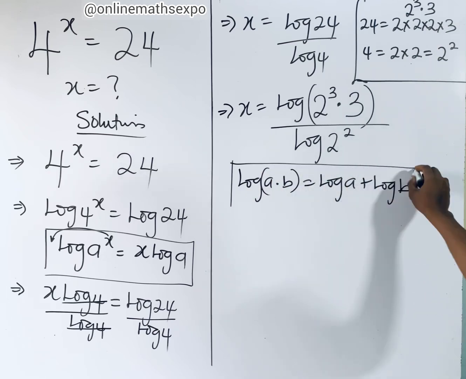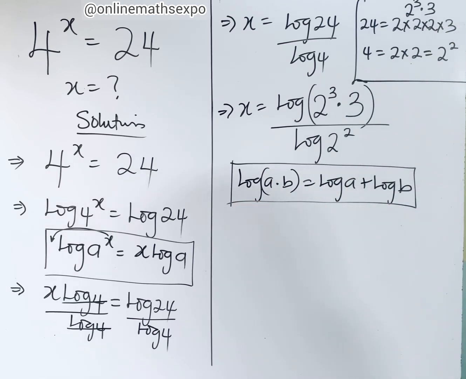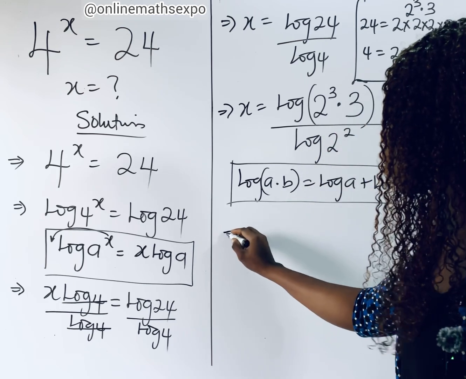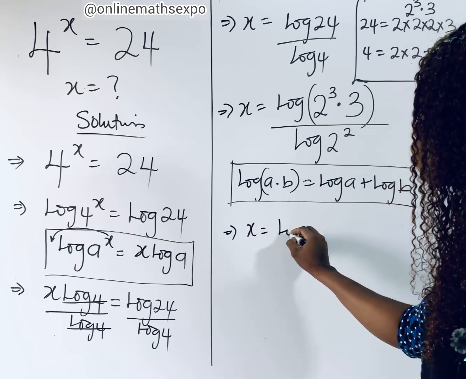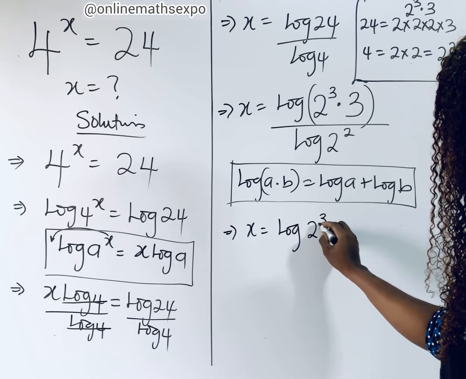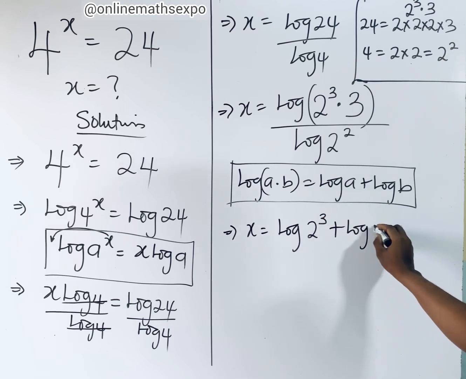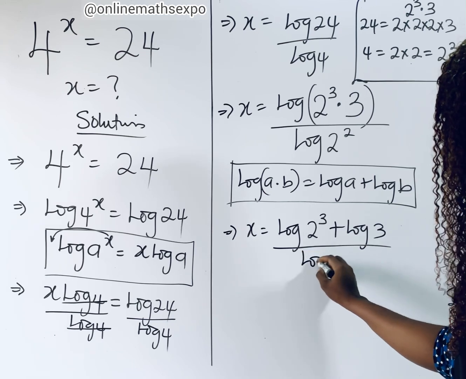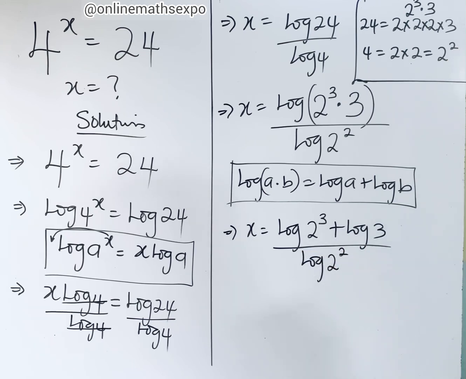The multiplication is split into addition. Applying it at the numerator, we have x is equal to log of 2 to the power of 3 plus log of 3, and that is divided by log of 2 to the power of 2.